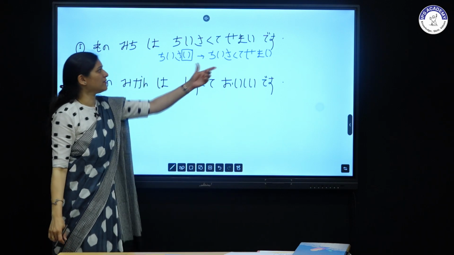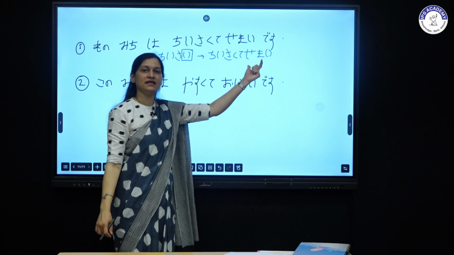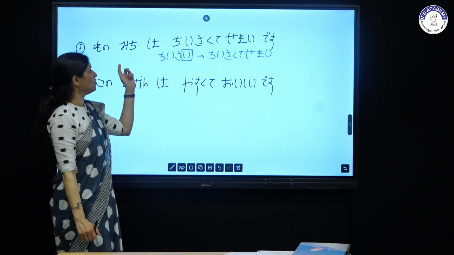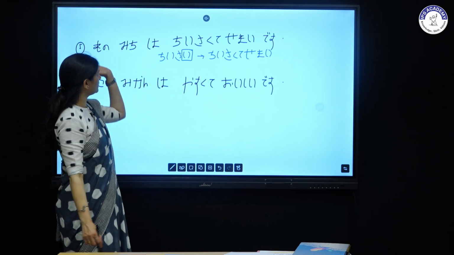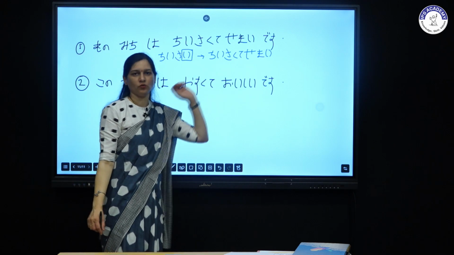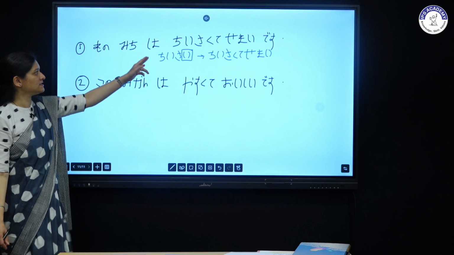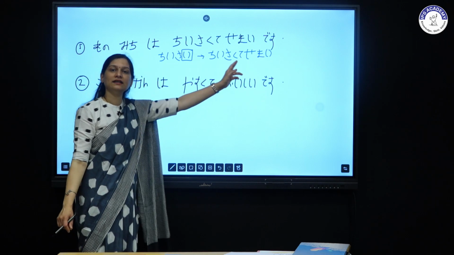Chiisakute semai. So chiisai is small and semai is narrow. Michi is road. So that road is small and narrow.